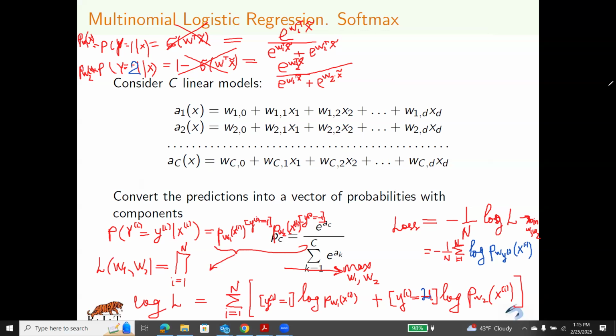So for problem 2, it's easy. You just want to sum up the numbers p, and each number p is the exponent power a with index c over the sum of a with index k.